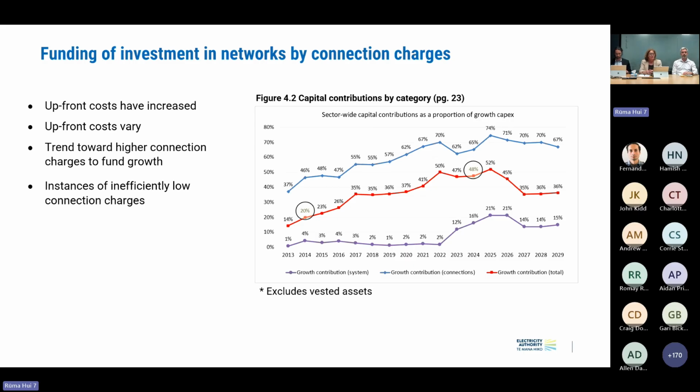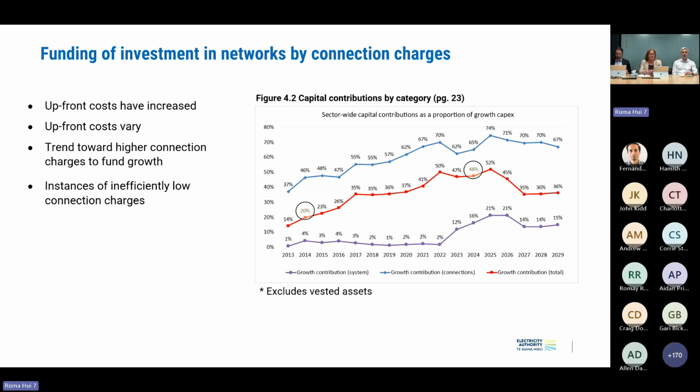The proportion of network investment which is funded by access seekers, parties connecting to the network, and how this has changed in recent years is clearly evident. The upfront costs charged are referred to as capital contributions. The historical and forecast data is disclosed each year by the 29 electricity distribution businesses.